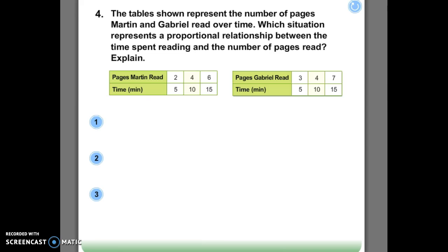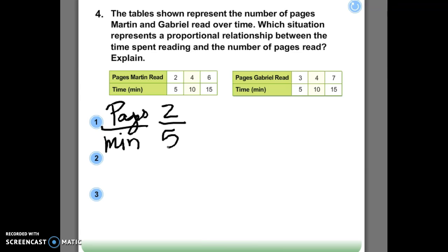I'm going to figure out how many pages per minute Martin read and then how many pages per minute Gabrielle read. Since I'm saying pages per minute, I need to make sure that my ratios line up that way. So I have 2 pages in 5 minutes, and that is simplified.